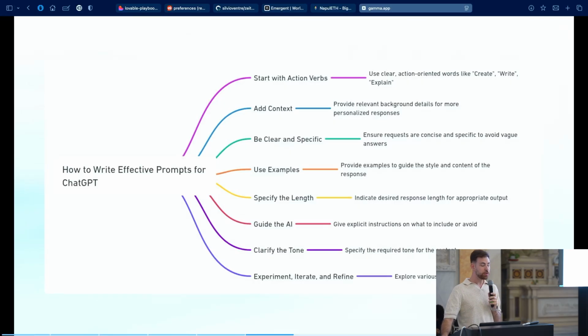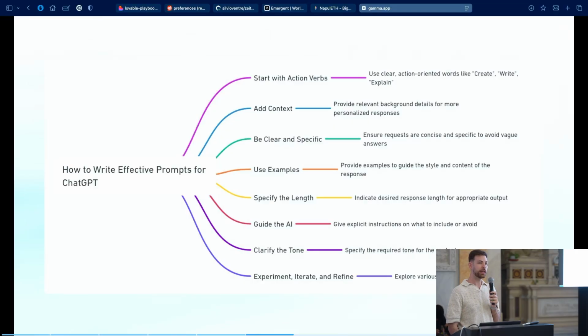Use examples, because examples help the model to understand what is the request, what is the output that you want to have, and also help the model to understand what you are talking about. You have to specify the length.